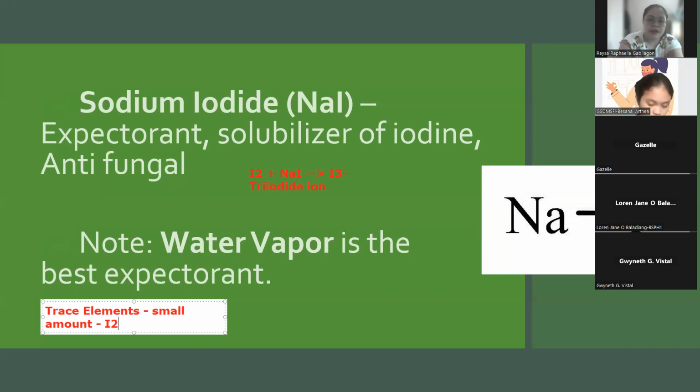Aside from iodine class, we have the iron, we also have fluoride, the copper, the zinc, chromium, the selenium, and the manganese, or even the molybdenum. Again, they are called trace elements. They are just present in the body in small amount, and they are very important for maintaining health. We call them trace elements or microminerals.